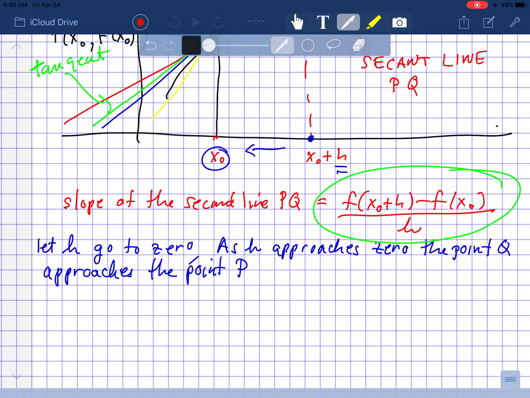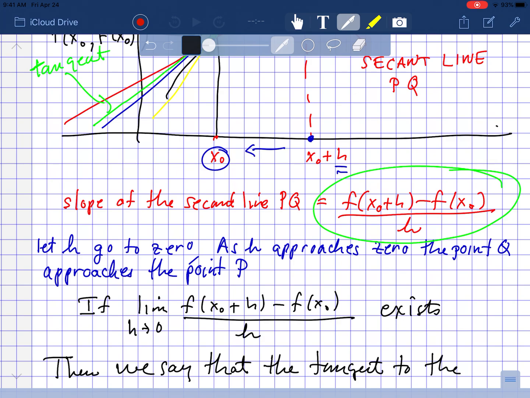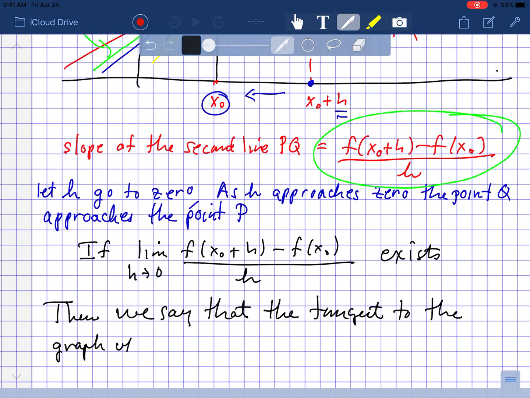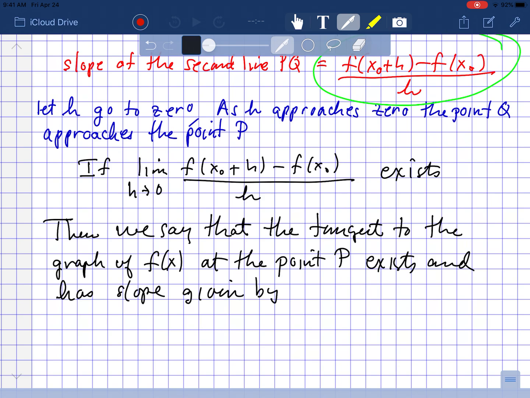So let's write that down. So if the limit as h goes to 0 of f of x sub naught plus h minus f of x sub naught, all divided by h, exists, so it means that it approaches some number, then we say that the tangent to the graph of f of x at the point P exists and has slope given by this limit.